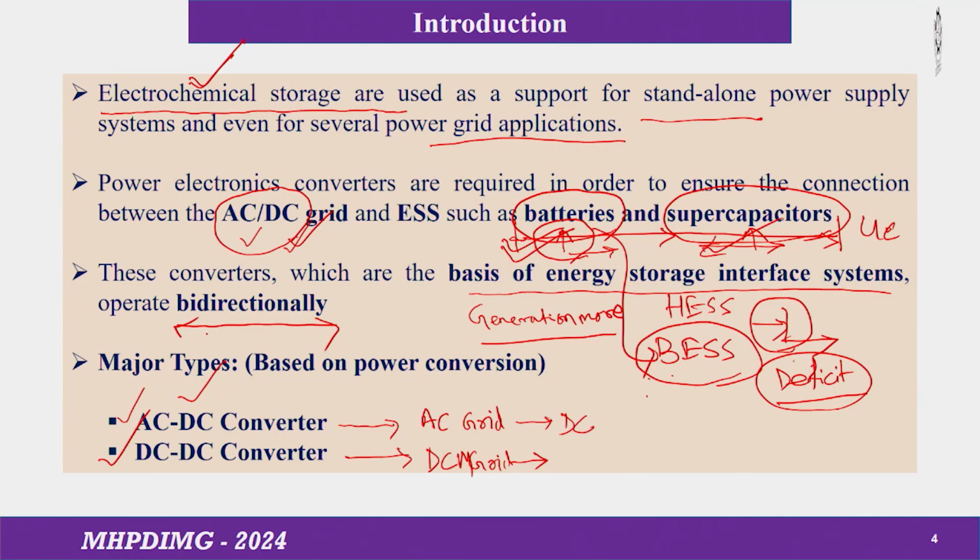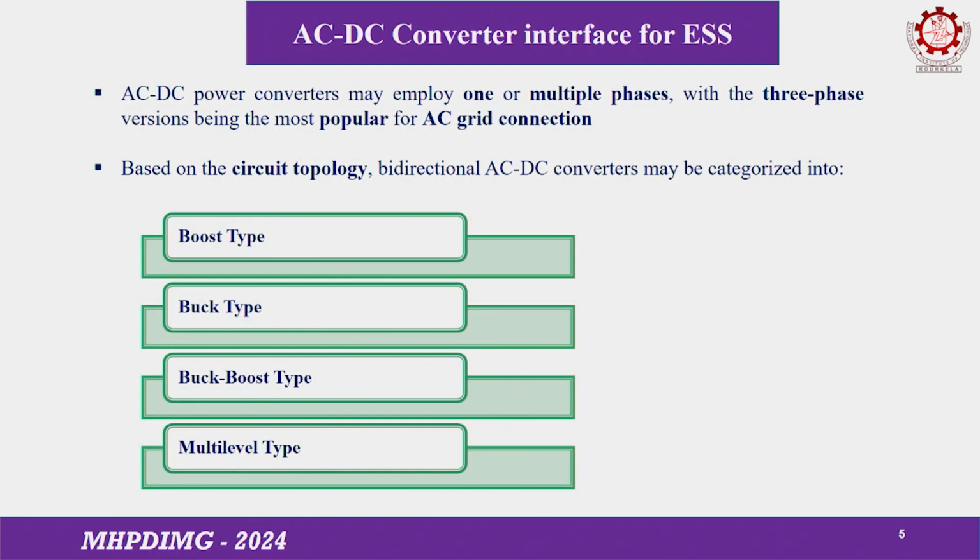In that case, we need a bidirectional operation, so we have to choose a power converter that can operate bidirectionally. We are mainly focusing on microgrid or grid applications, and I will talk about the different types, which may overlap with Professor Sarkar's lecture, but I will show you the names here.